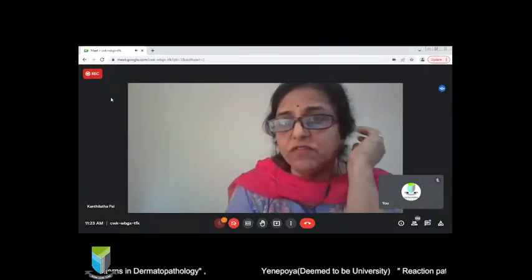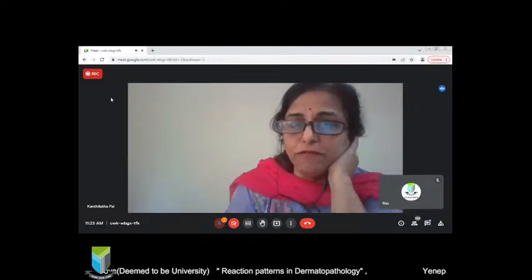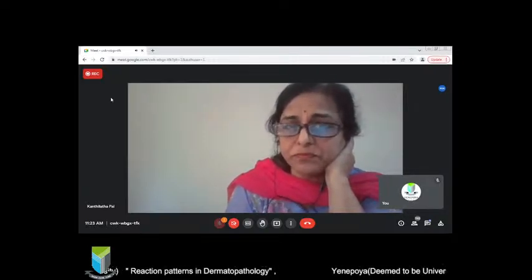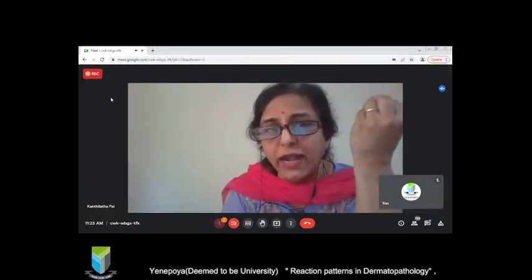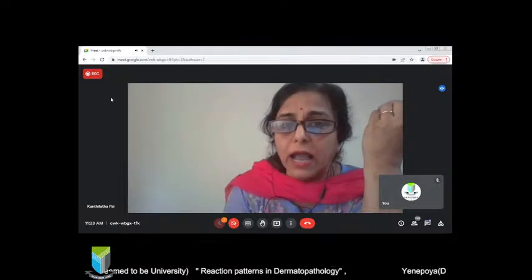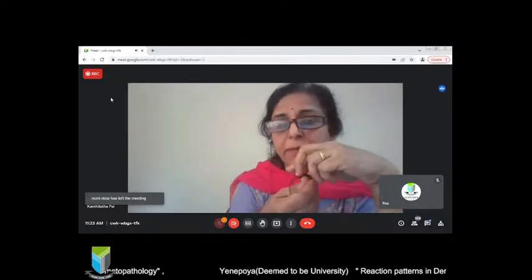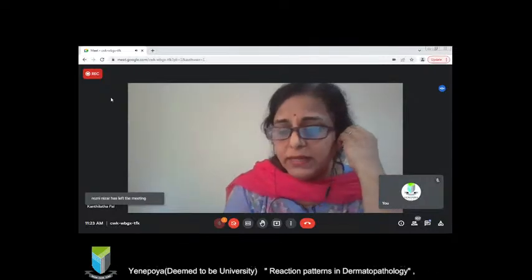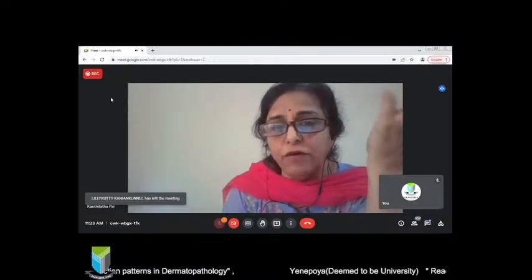Hyperkeratosis, we learned, is thickening of the stratum corneum. Parakeratosis is presence of nuclei in the stratum corneum. Follicular plugging is when you see within the follicles there is a lot of keratin. Hyper or hypogranulosis. Acanthosis is thickening of the epidermis. So I think I skipped that slide. Okay, acanthosis is thickening of the epidermis.